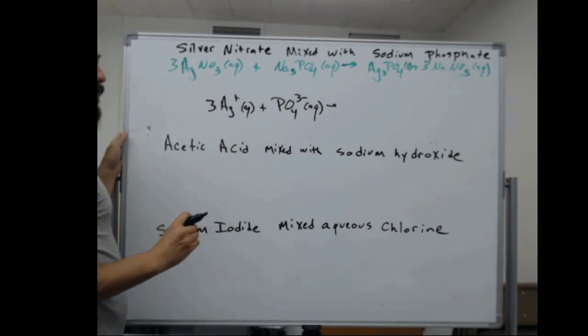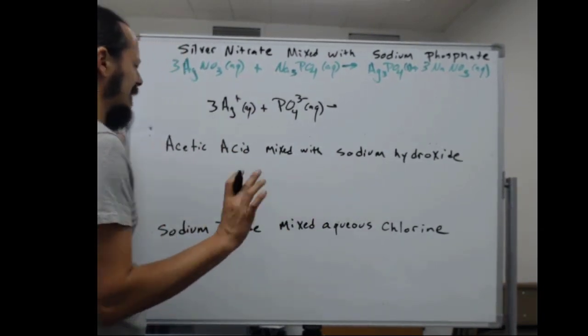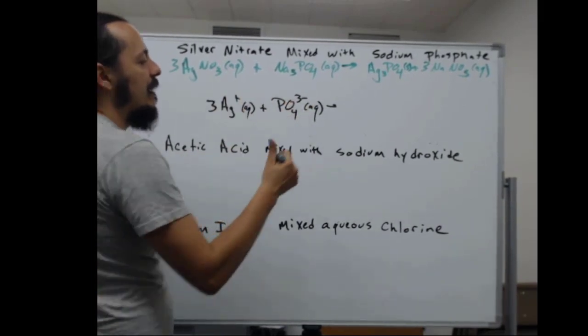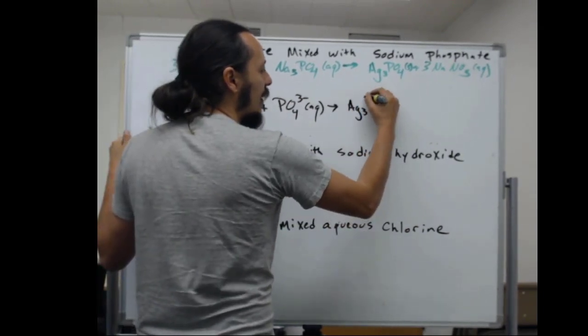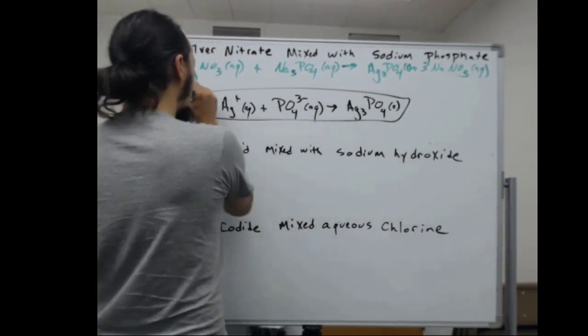Ions in solution are always aqueous. You don't have ions that are solids. That doesn't make sense. So Ag plus aqueous, phosphate aqueous forms Ag3PO4 solid. Boom.